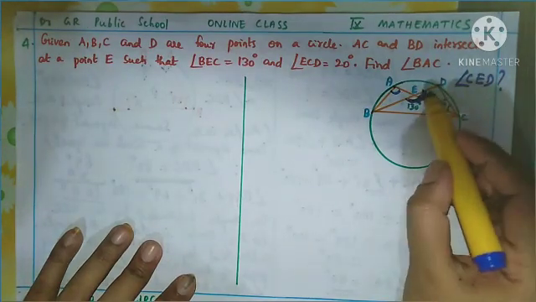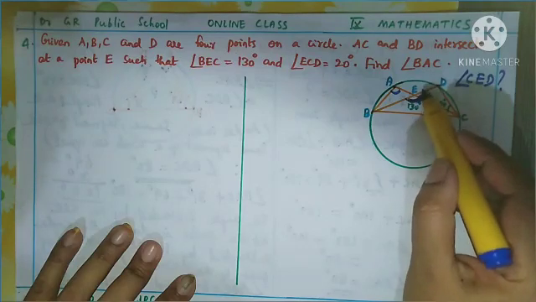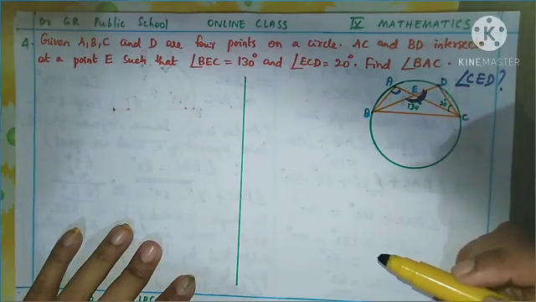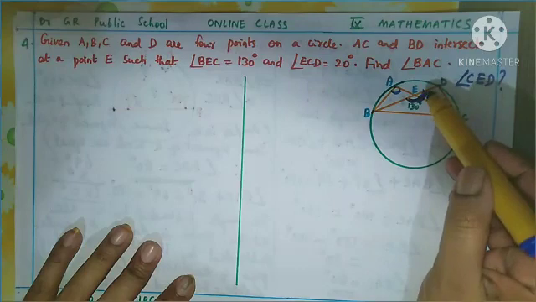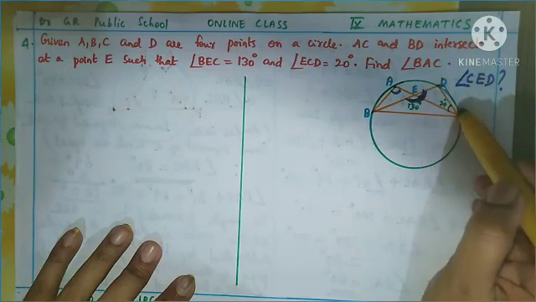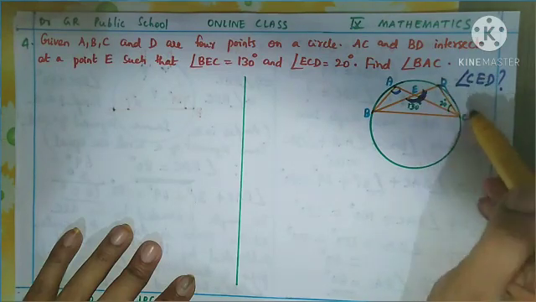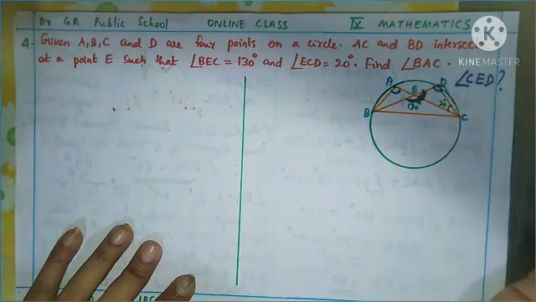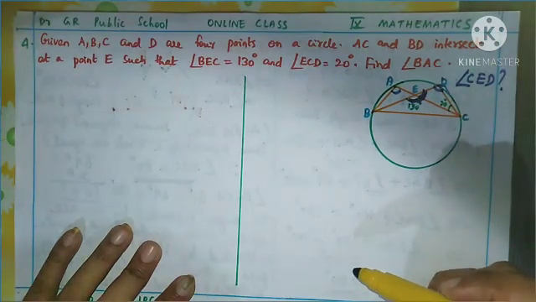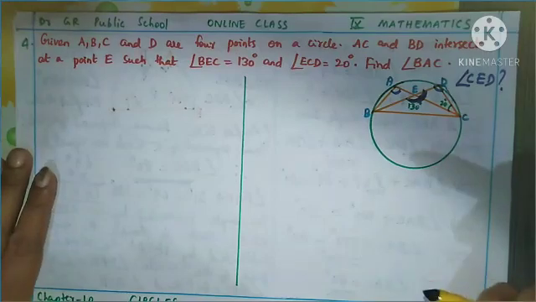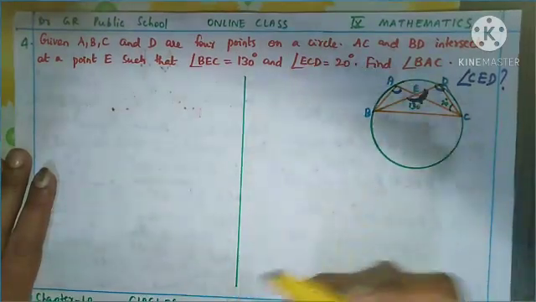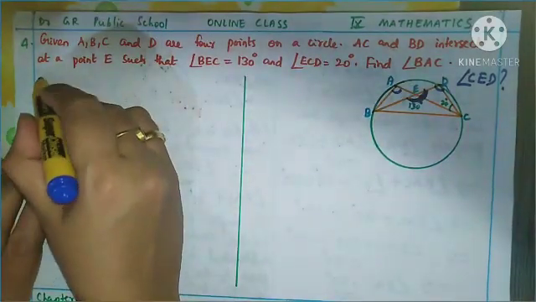So we can get this angle E by linear pair axiom, and after getting E, use angle sum property in this triangle so that we will easily get angle D. I hope you understood the way to solve the problem. So write the solution.